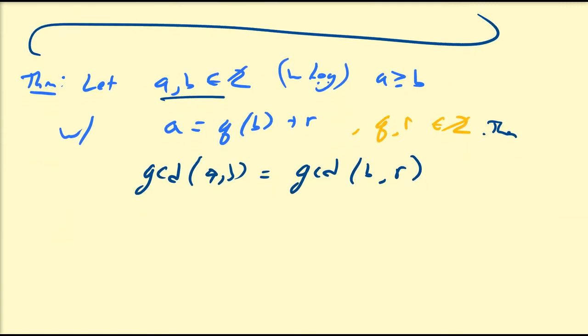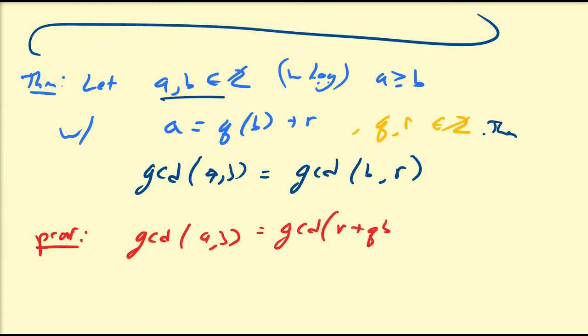Alright, so how can we prove this result using the things that we know? Using the theorem that we started off with, we know that the greatest common divisor of A and B is going to be equal to the greatest common divisor of R plus QB and B, where Q is some integer and R is some integer, right? So we know from the theorem above that this is precisely equal to the greatest common divisor of R and B, and that completes the proof.